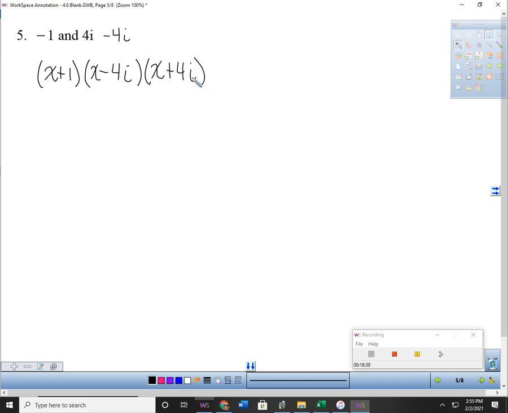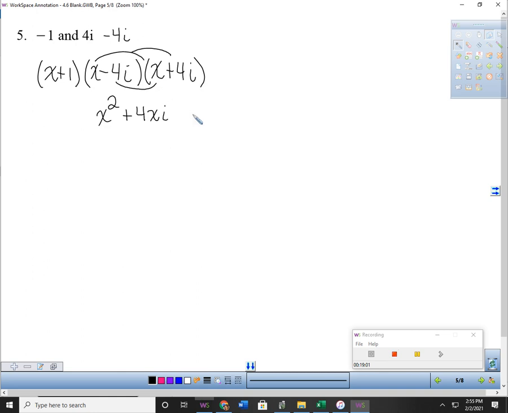So in the end, since I have 3 answers, I should have a degree of 3 at the end of this. So I'm going to go ahead and do the ones with the i's first. So x times x is x squared. x times 4i is 4xi.